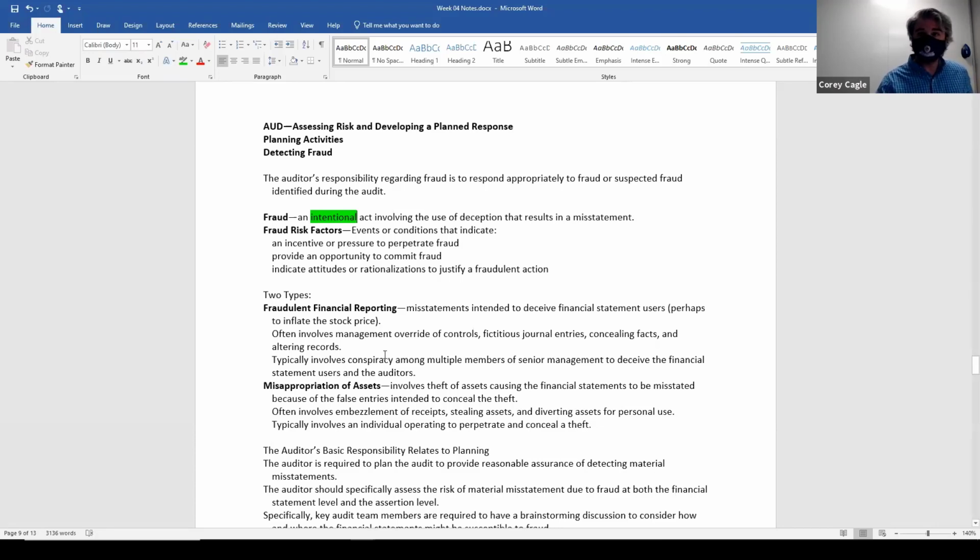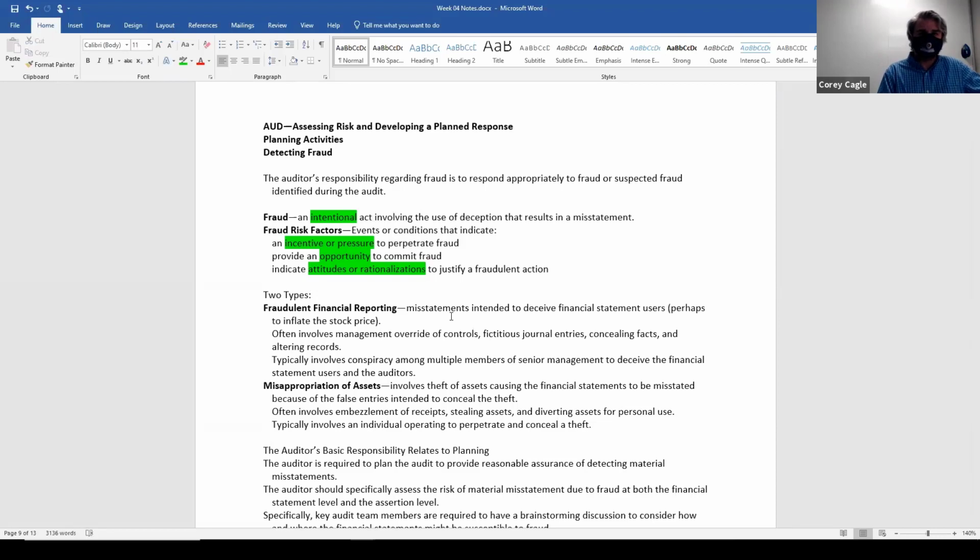We have the fraud triangle. So that, as auditors, we would be aware of the fraud triangle, risk factors that we need to consider. What incentives or pressures are there for people in this organization to commit fraud? What opportunities do they have to do it? And then, harder to consider their attitudes and rationalizations, but that is also something you can consider as you're considering the overall environment.